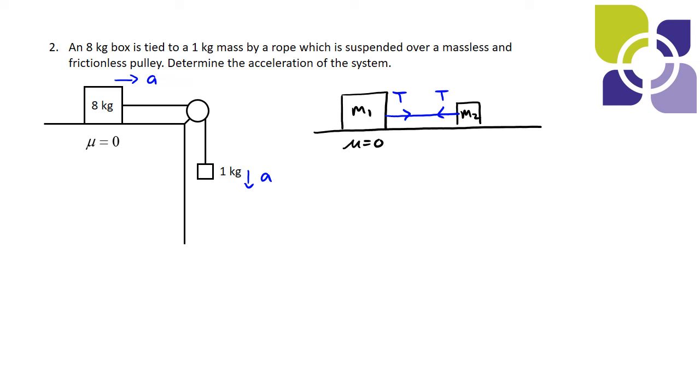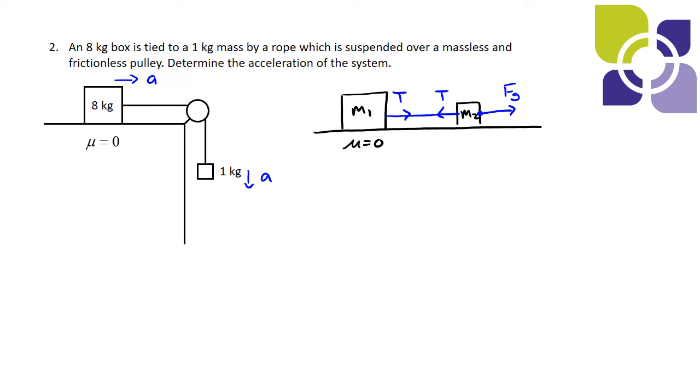So M2 is still being pulled by the force of gravity, but now in this scenario where we have removed the pulley, instead of M2 being thought of as pulled down, we're going to draw it as though it's pulled to the right. So it's weird to see Fg acting to the right, but you can think of it as equivalent to an applied force. We're just simplifying the problem so that we can set up an F-net equation that's easier to see.